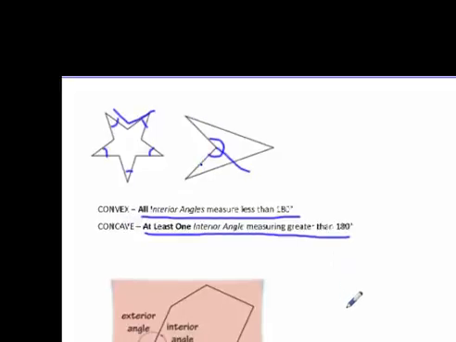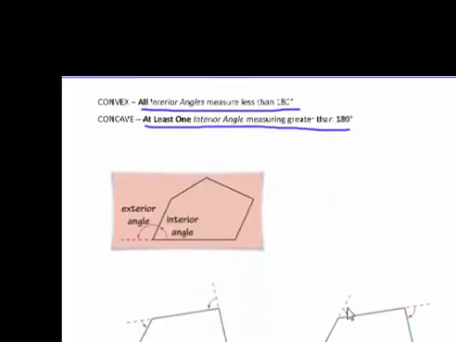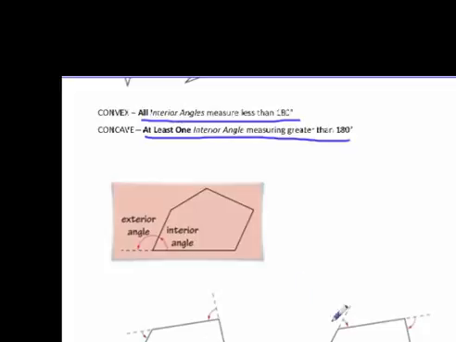All right, moving on. The next thing I wanted to talk about is just to reinforce the difference between an exterior angle and an interior angle, okay? So interior obviously is on the inside, and the exterior is on the outside.